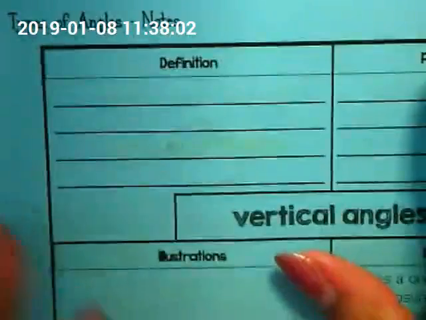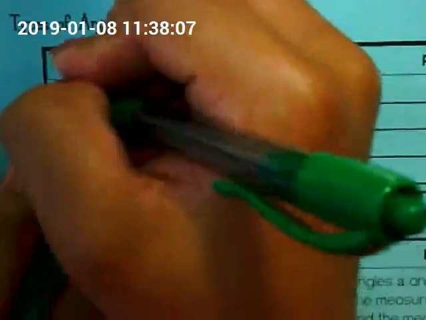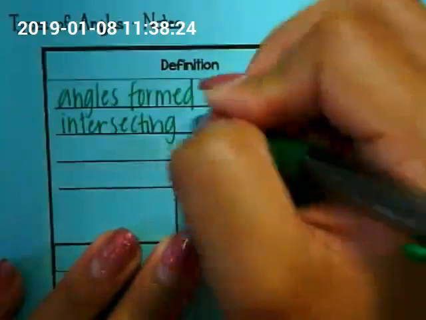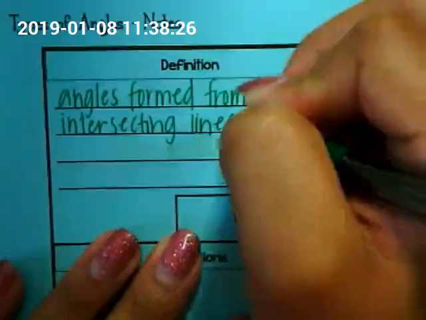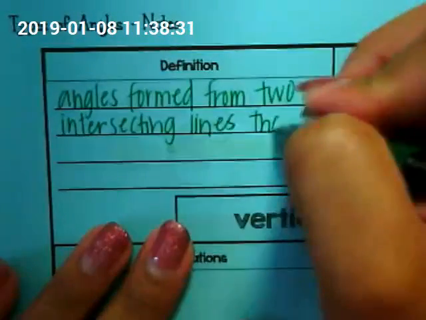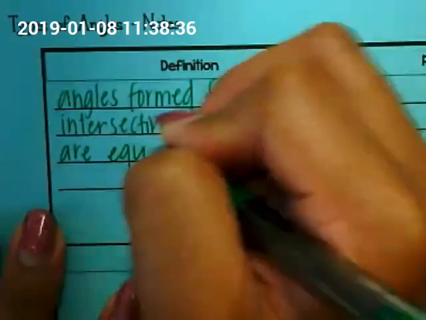So vertical angles is the easiest one. So these are angles formed from two intersecting lines that are equal.